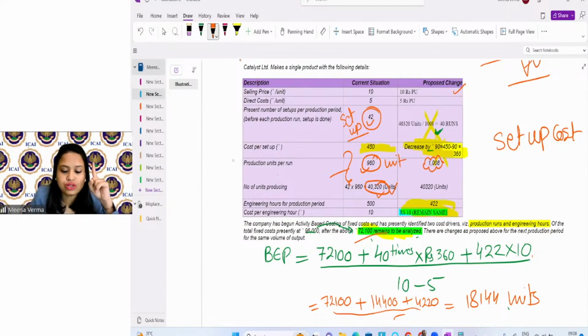So when you divide the total units by this, you will get the production run. Now you get the number of times you are setting the machine, and the cost of setting the machine will give you setup cost. Now you will easily get your setup cost. That's it. Engineering cost is given here, fixed cost is given here, and setup cost you have calculated. Simple.